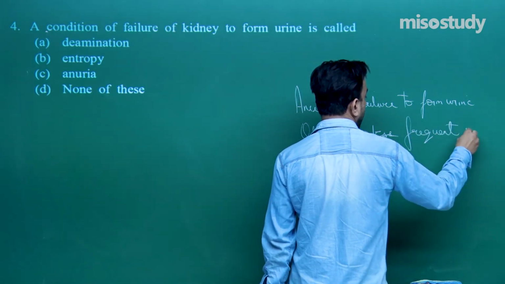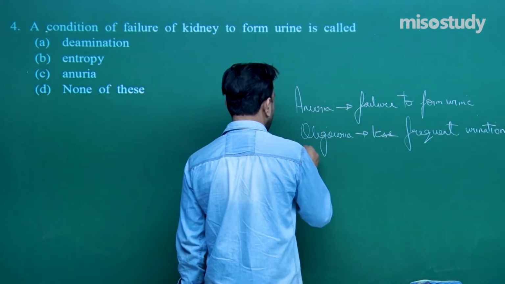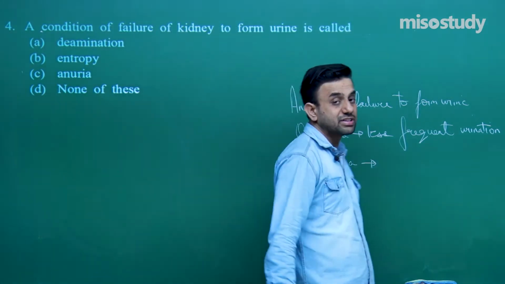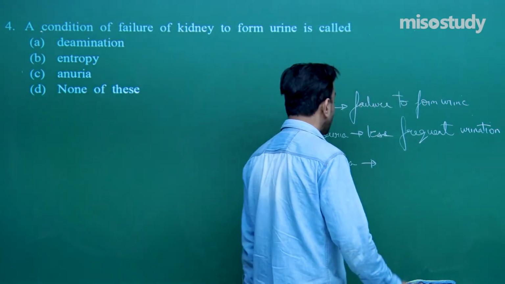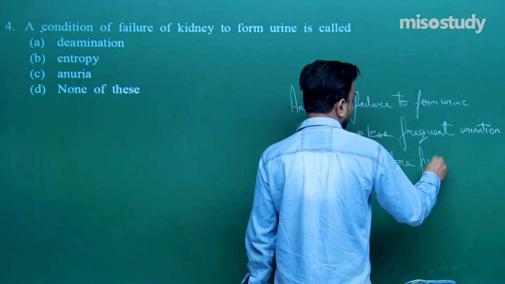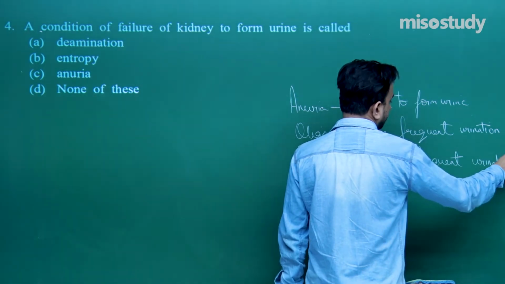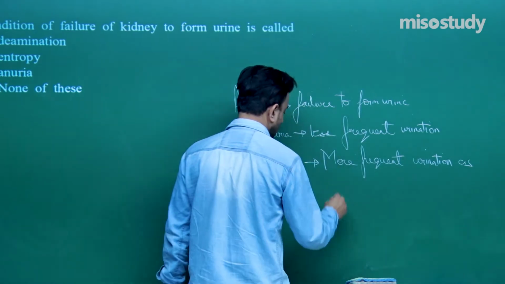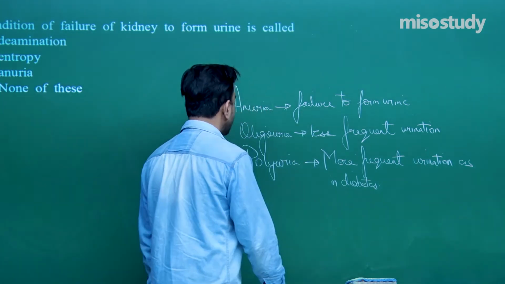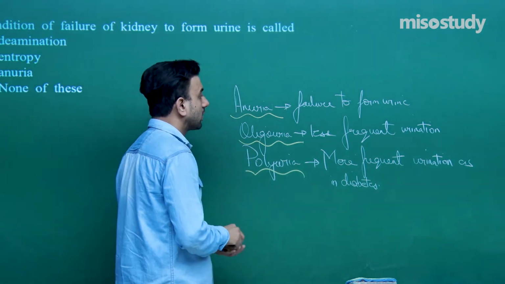Then polyuria, more frequent urination as we see in the case of diabetes. So, anuria, oliguria, polyuria.